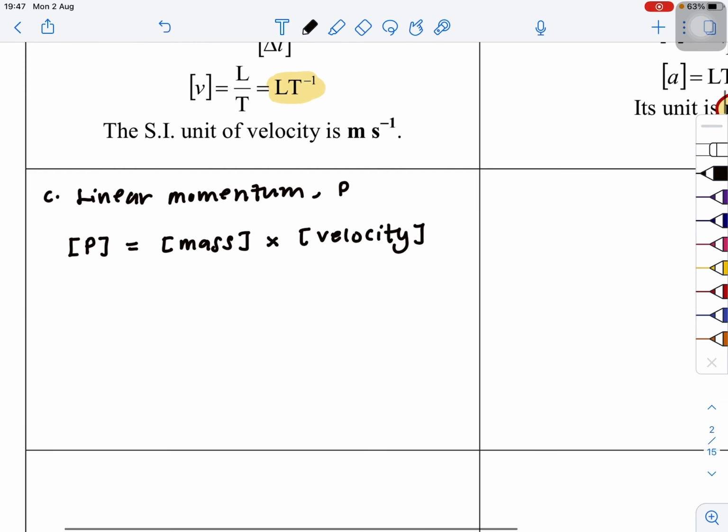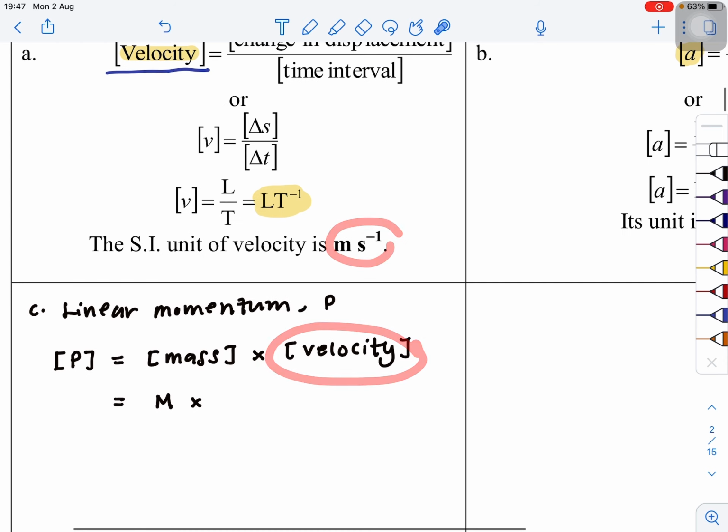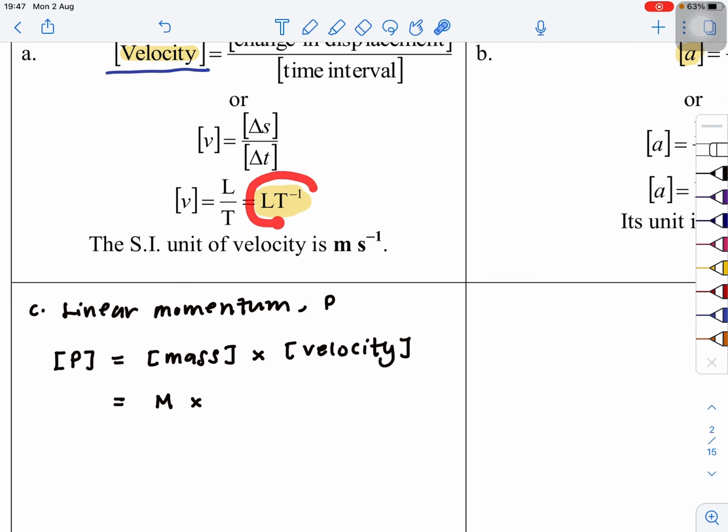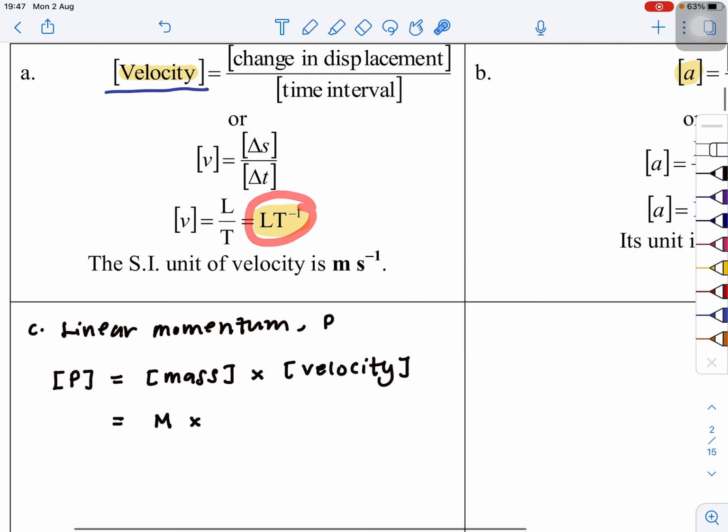Lepas tu barulah kita translate mass. Okay, translate directly lah. Mass dia punya dimension adalah M, and then times with dimension for velocity. So for velocity, you can directly use this one here.